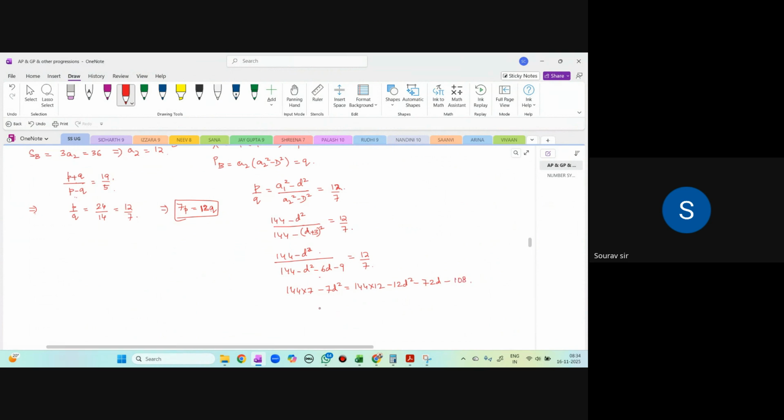So 12D square minus 7D square, that's 5D square plus 72D. And then you have 144 into 7 minus 12, so plus 144 into minus 5 plus 108 equal to 0. So 5D square plus 72D.